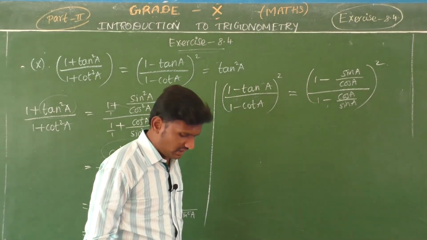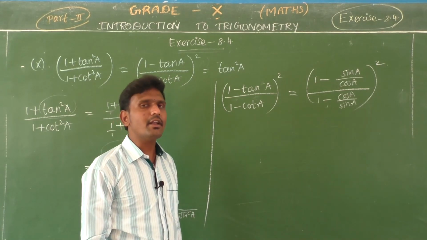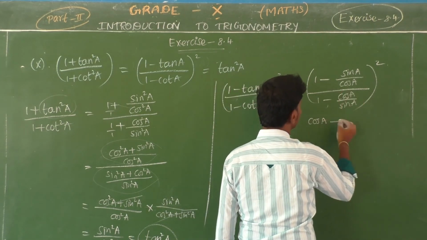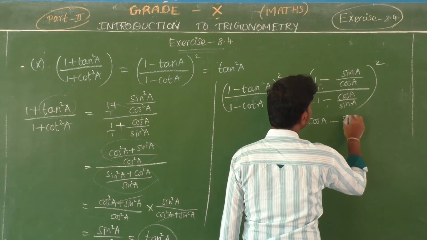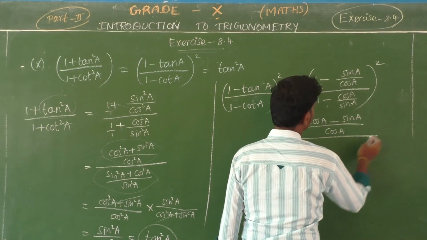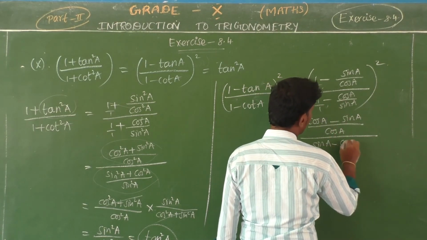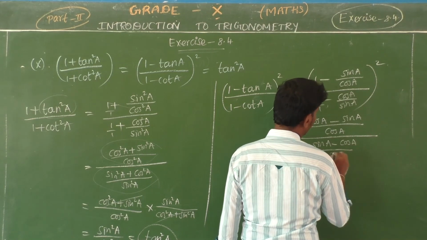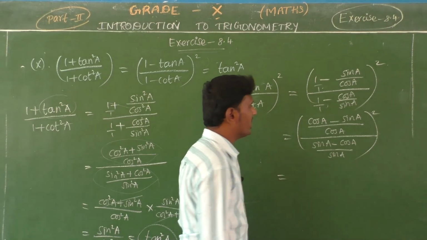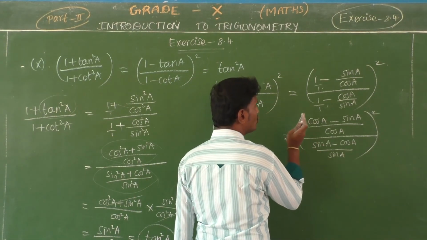Now in the numerator and denominator on both I am going to take a cross multiplication. So cos into 1 is cos minus 1 into sin is sin, whole divided by cos A, whole divided by sin into 1 is sin A minus cos into 1 is cos A, whole divided by sin A, the whole square.